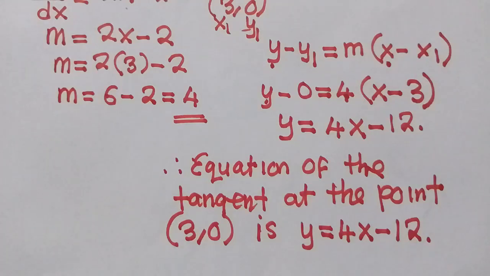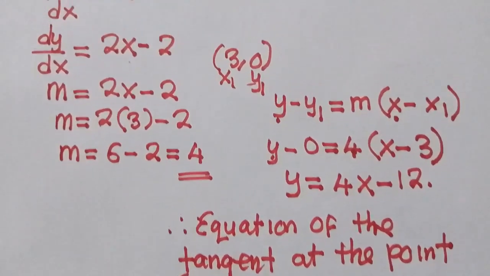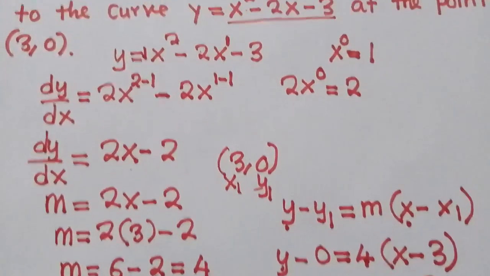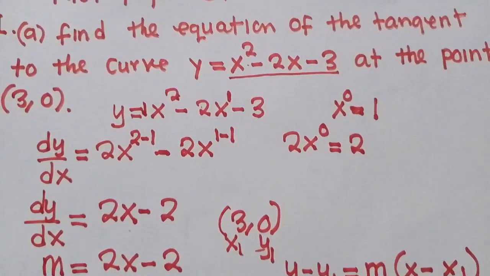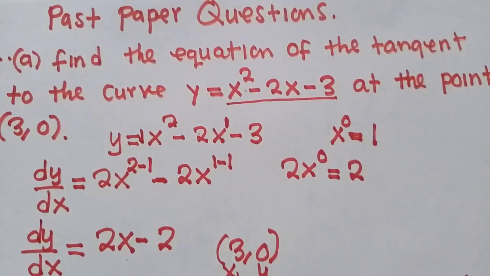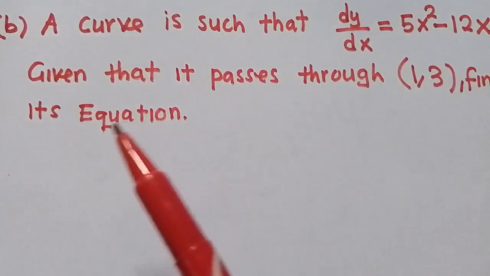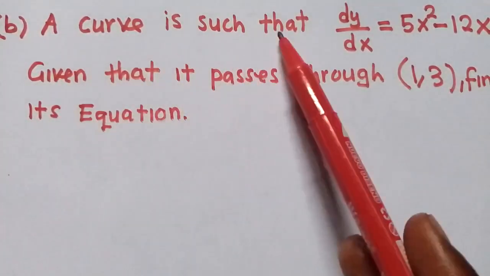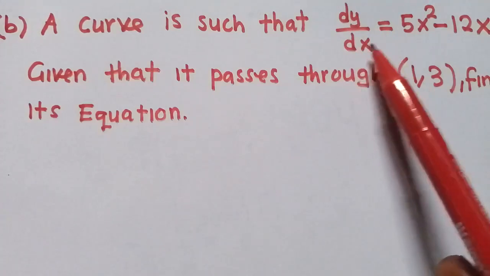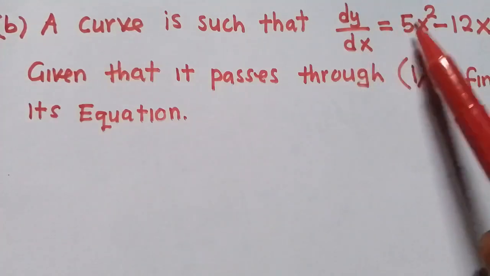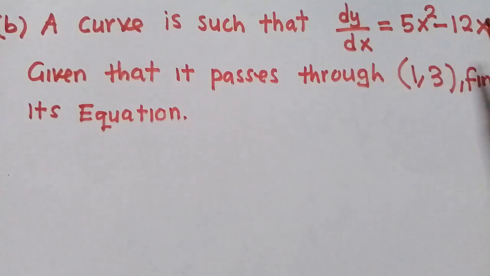Let us look at another question now, which is under what we are doing, which is the application of integration. So this is the last question. It is saying a curve is such that dy/dx is equal to 5x squared minus 12x.